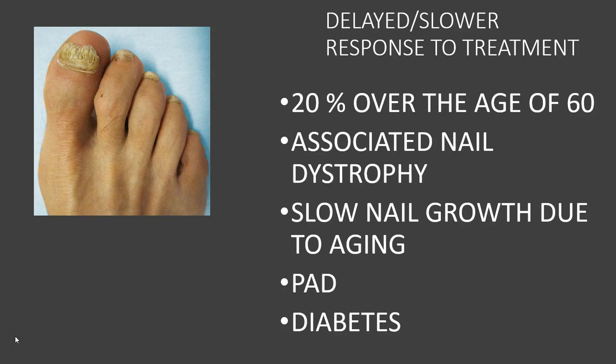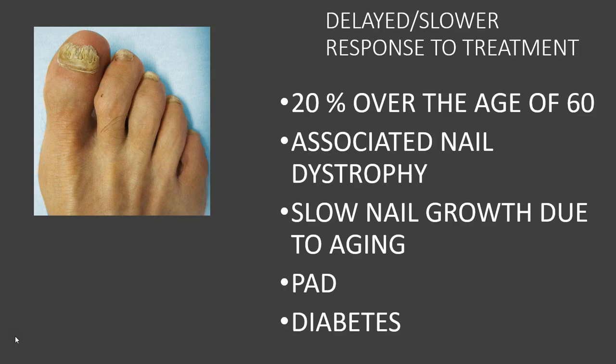Now, the geriatric patient generally responds slower to therapy, and I think it is important when discussing therapy with the older patient to let the family and the patient know that it is important to treat this disorder. However, response will be slower.